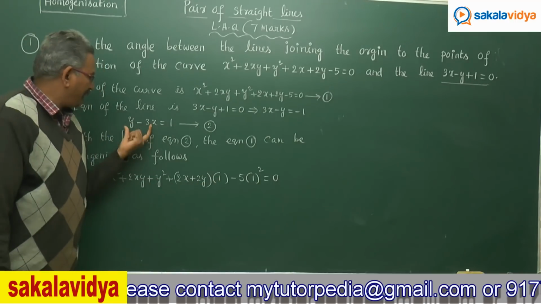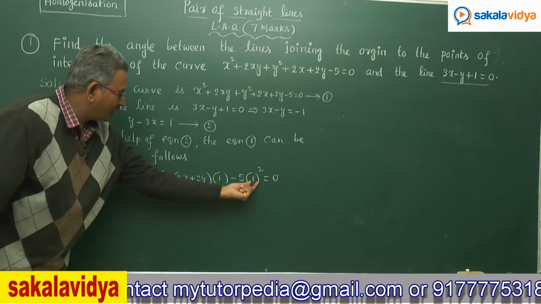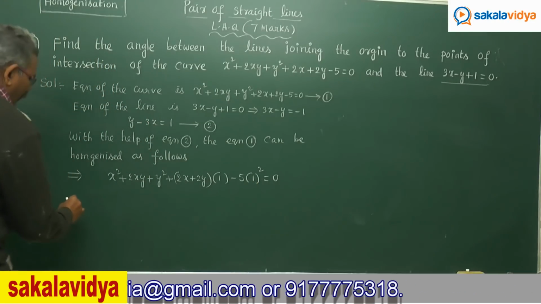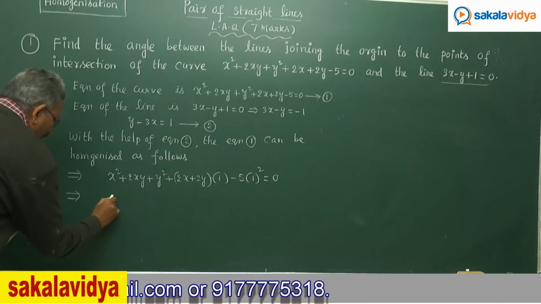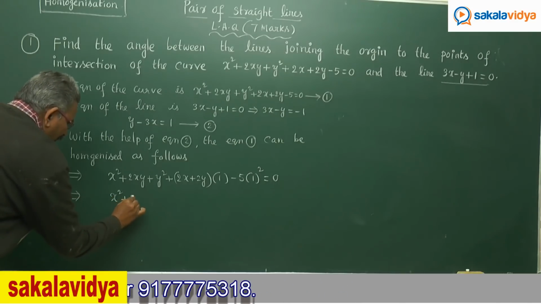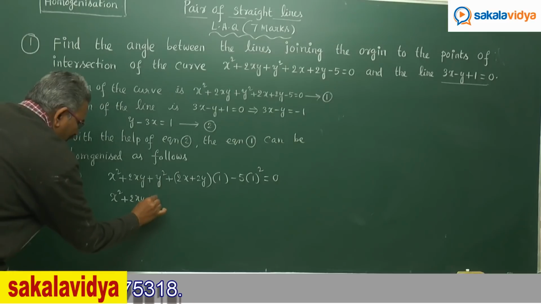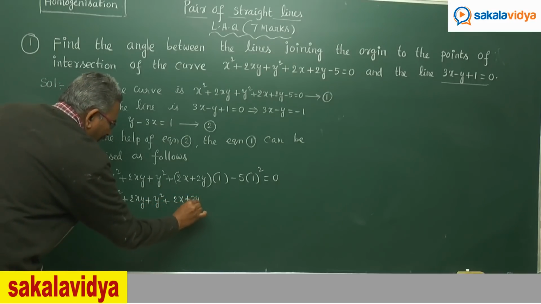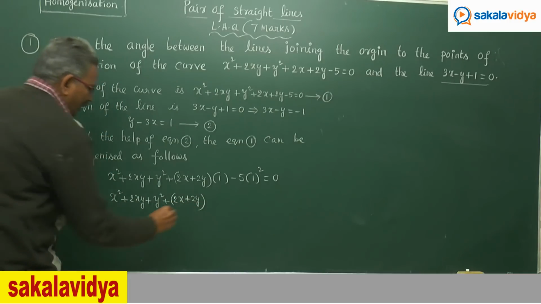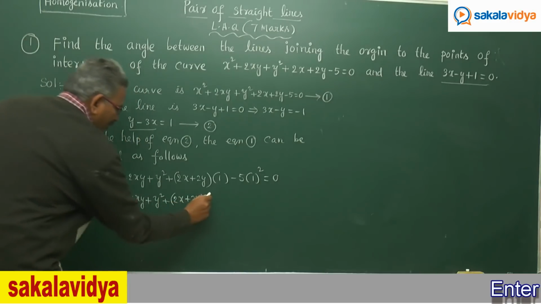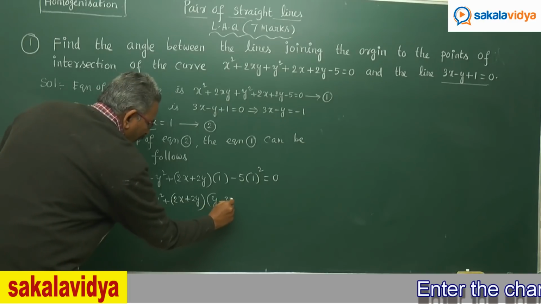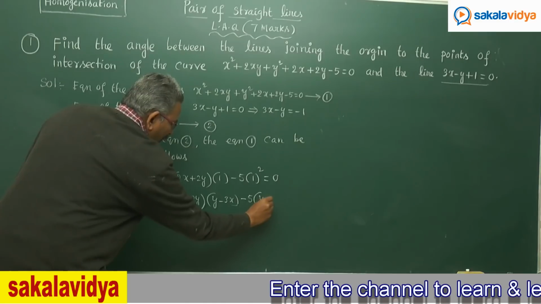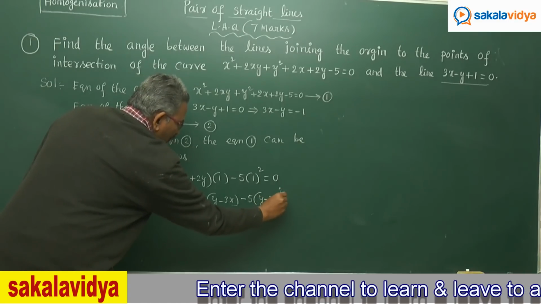Now, 1 is replaced by y minus 3x. Here also 1 is replaced by y minus 3x. So now we can write x square plus 2xy plus y square, plus 2x plus 2y, where 1 is nothing but this y minus 3x, minus 5 into y minus 3x whole square is equal to 0.